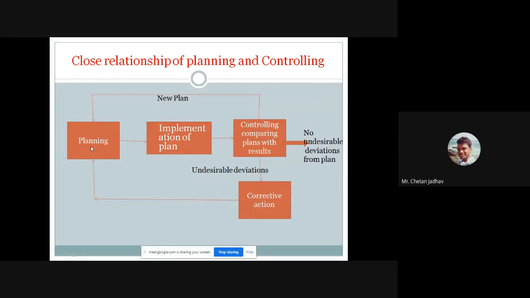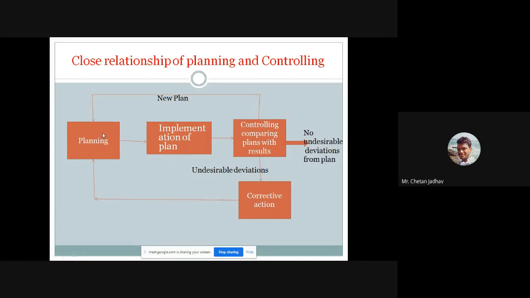Whatever plan you have made, we implement in the actual process, and after that we have to compare the results we got from our plan. We compare them with the different plans, and from that we have to control, or take some corrective actions if anything goes wrong. If not, then no problem. You can see here on the right side, no undesirable deviations from plan.